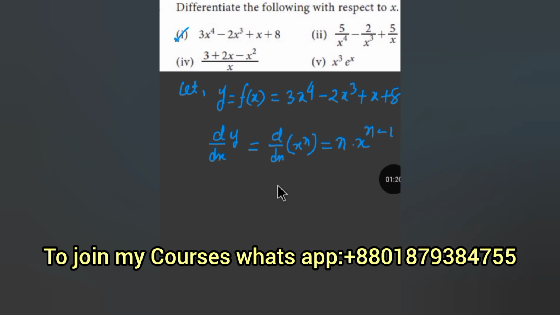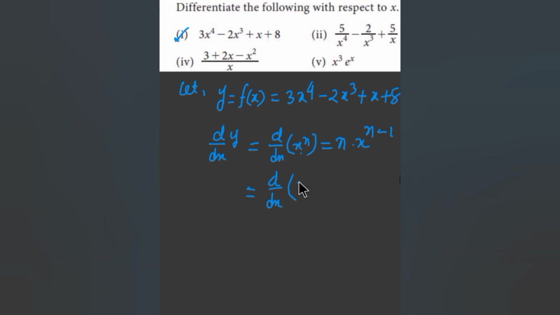If we get this type of math like x to the power 3, the result will be 3 into x to the power 3 minus 1, that means 2. The result will be 3x to the power 2.